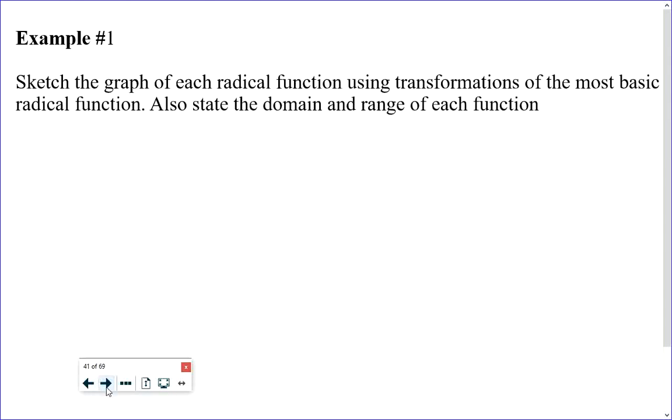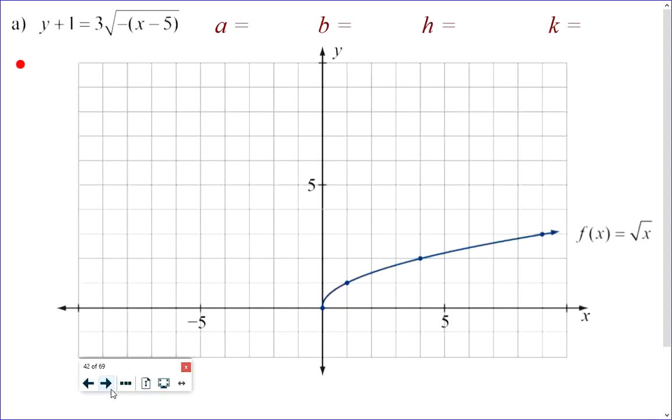Okay, so example 1 says sketch the graph of each radical function using transformations of the most basic radical function. Also state the domain and range. So it shouldn't come as a big shock to you that in order to do this, you need to look at the equation, and from the equation, identify a, b, h, and k.